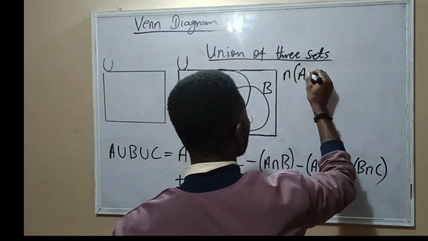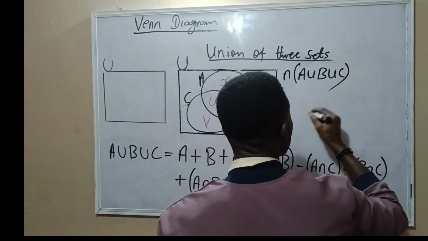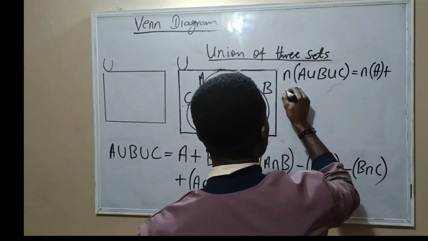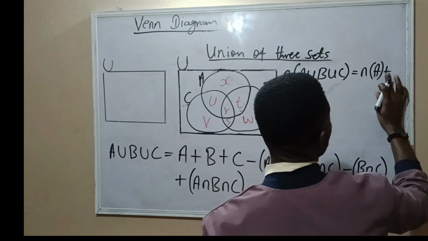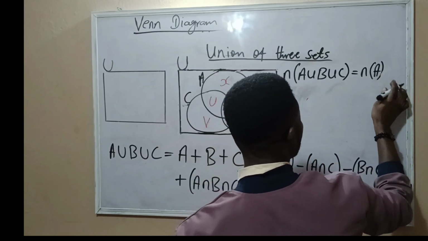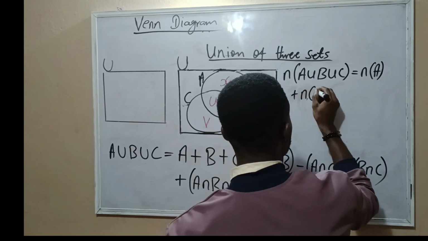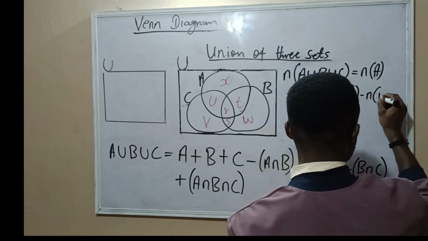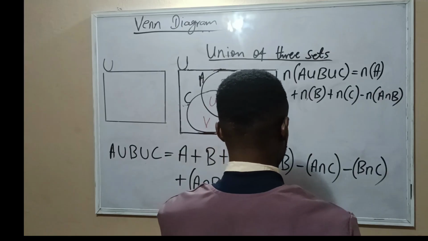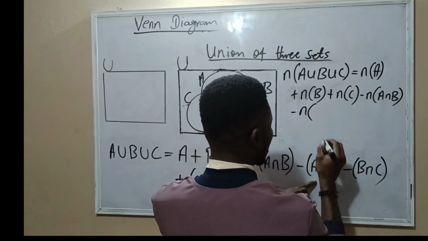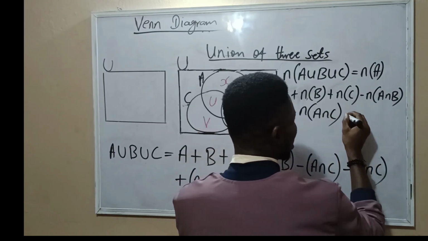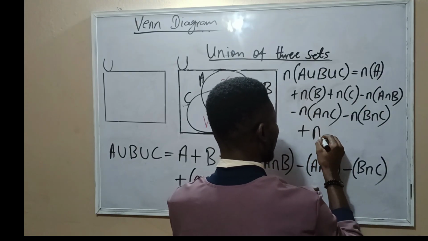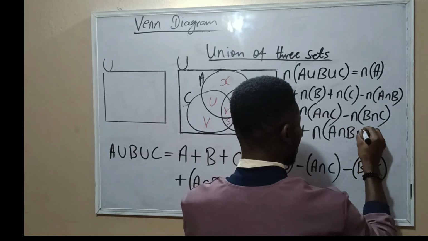Number of elements in A union B union C is equal to number of elements in A plus number of elements in B plus number of elements in C, then minus number of elements in A intersection B, then minus number of elements in A intersection C, and then minus number of elements in B intersection C, then plus number of elements in A intersection B intersection C.